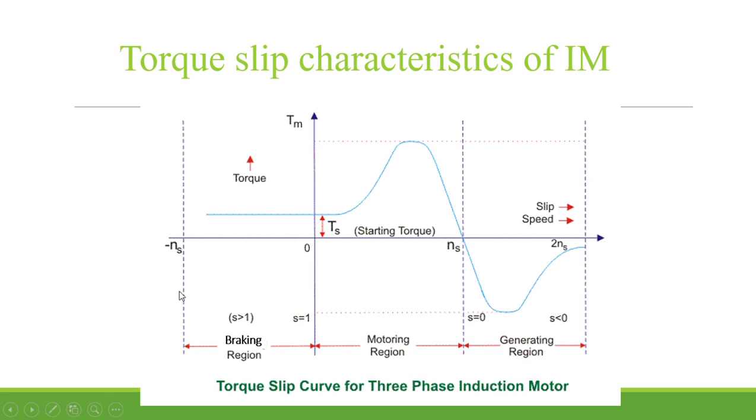If it is trying to attain the minus ns speed, the kinetic energy stored in the revolving load will be dissipated as heat and slowly the motor will stop. This kind of braking is known as the plugging method of braking.